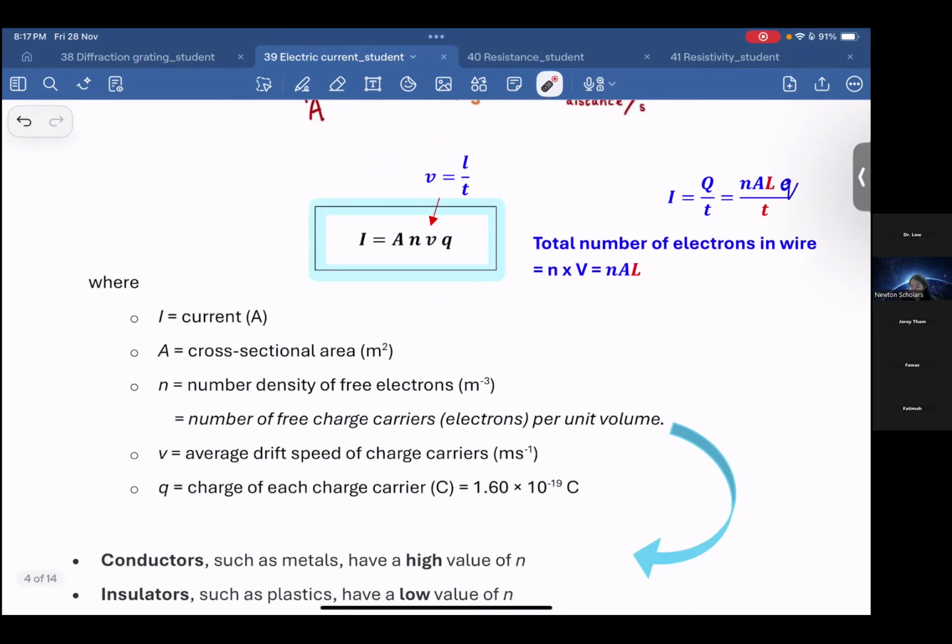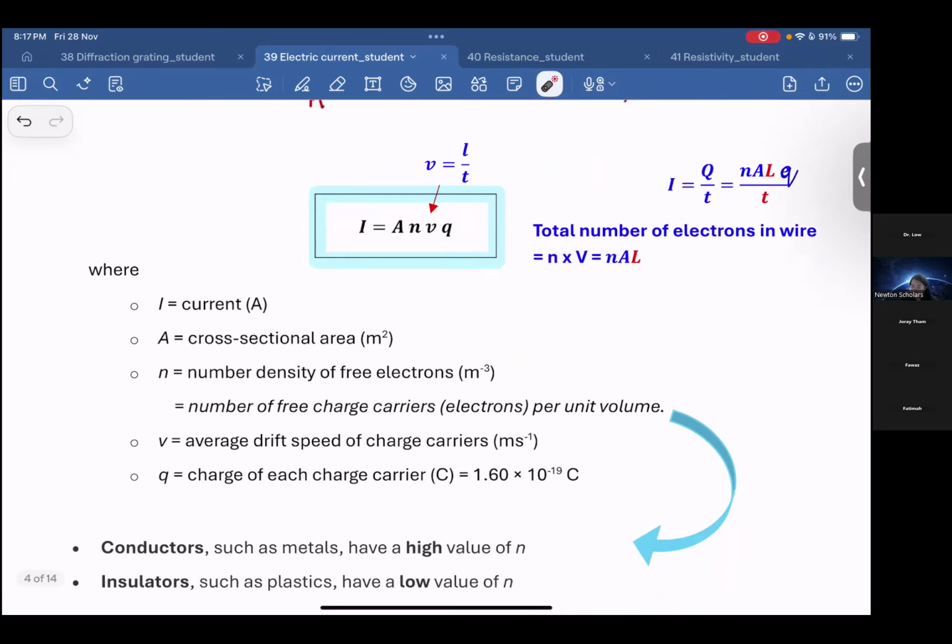So look at the formula here. What is your I? Current. What is your A? It is the cross-sectional area. What is your n? Here the n is slightly different from what we know just now. Q equals to Ne. Here the n is called the number density of free electrons. Unit is per meter cube.